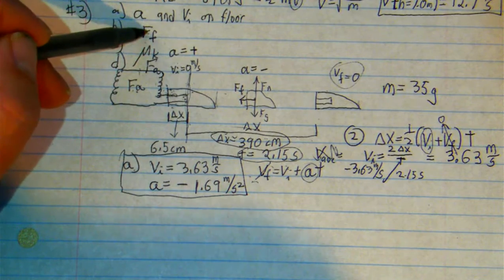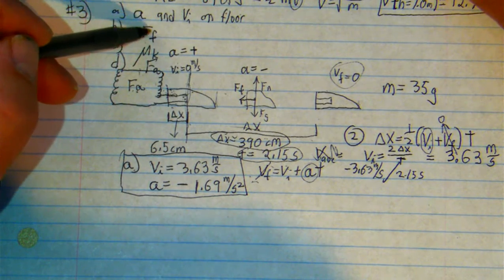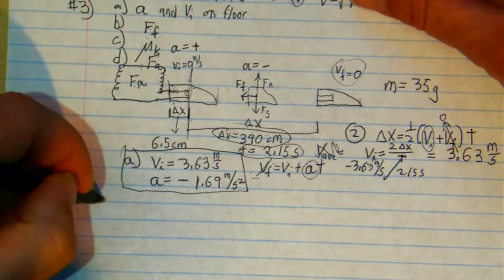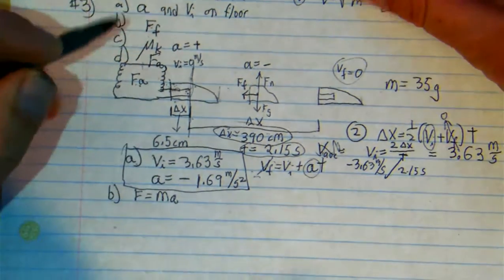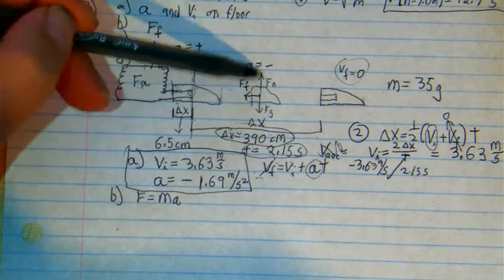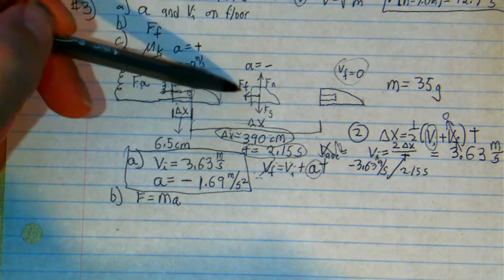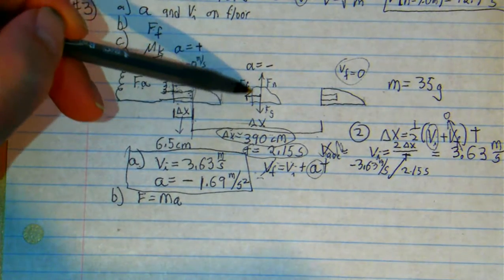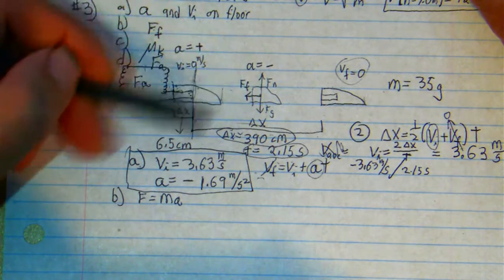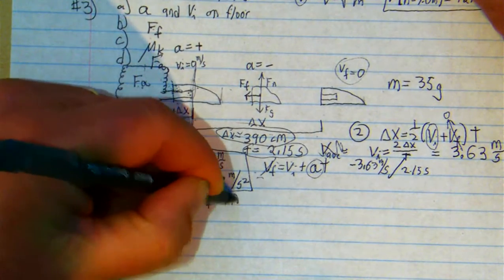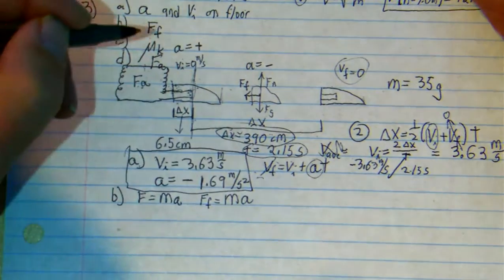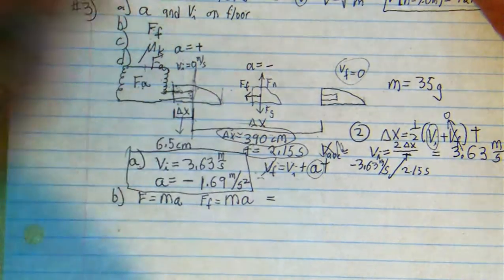So, part B, what is the force of friction? Well, by Newton's second law, F equals ma. And in this situation, when you look at the free body diagram, the net force is caused by the force of friction. So the force of friction is equal to the mass of the slider car times its acceleration while it was on the floor.